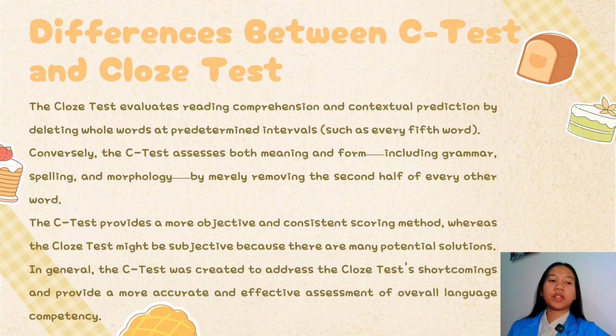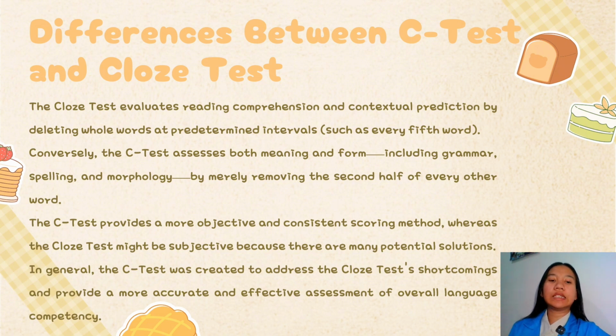Many people confuse the C-test with the cloze test, but they are actually quite different. The cloze test evaluates reading comprehension and contextual prediction by deleting whole words at predetermined intervals, such as every fifth word.